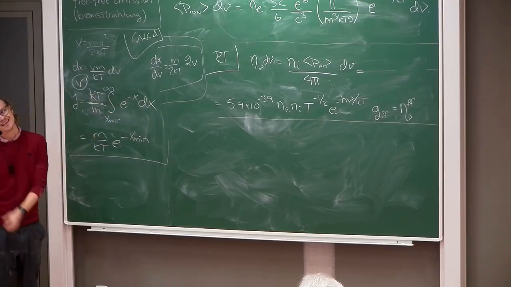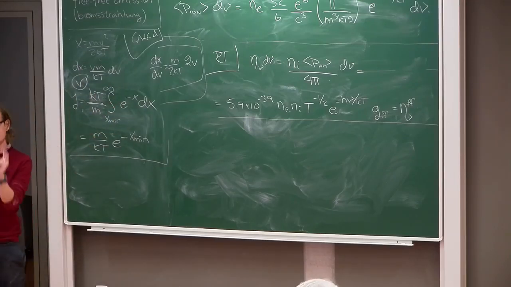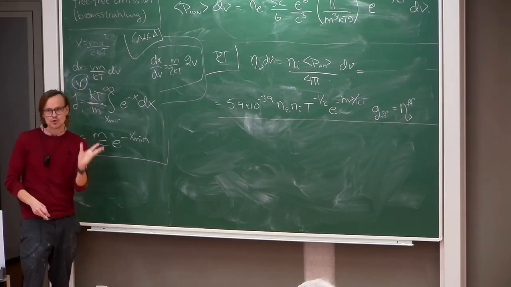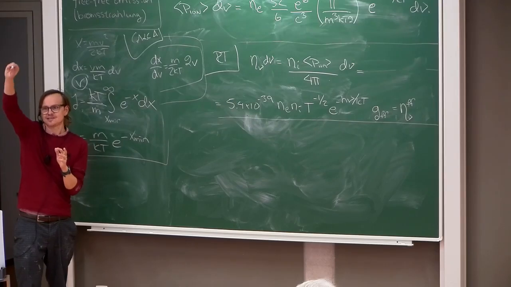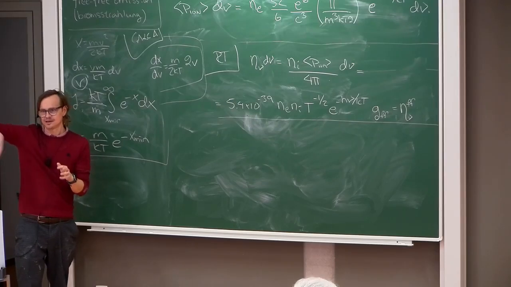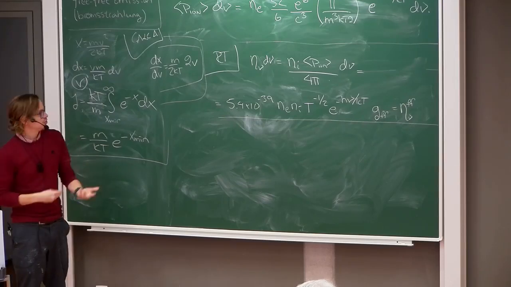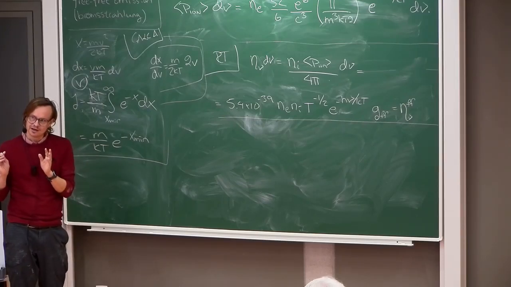In particular, this little tacky integral I did, where I just said that, okay, it's in a very small interval, so we approximate that just as b over v. If you do this more carefully, then you get a small numerical factor.